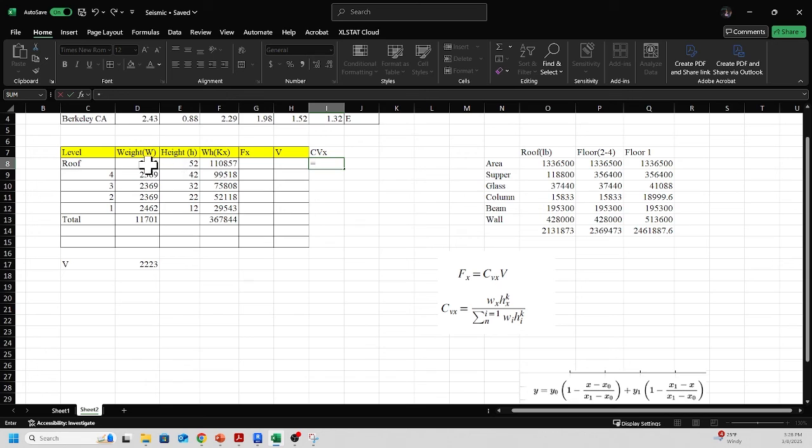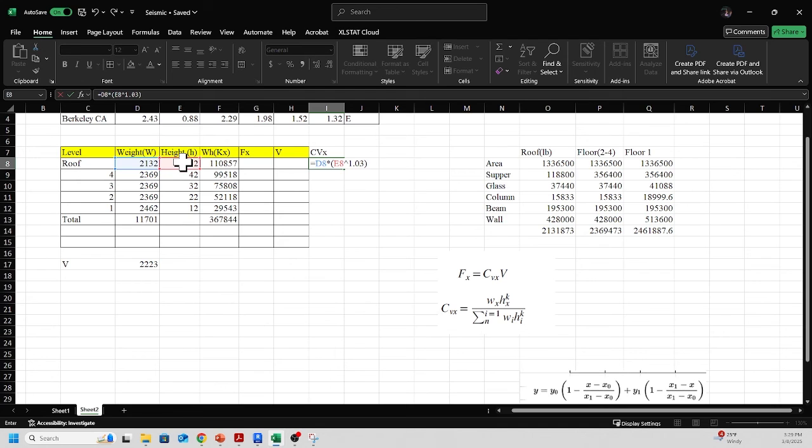So we're going to have W times Hx, parentheses, Hx right there to the power 1.03, close the parentheses.